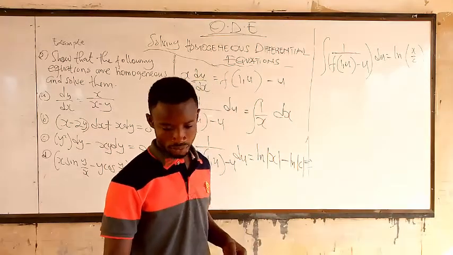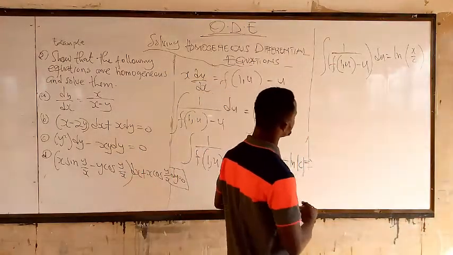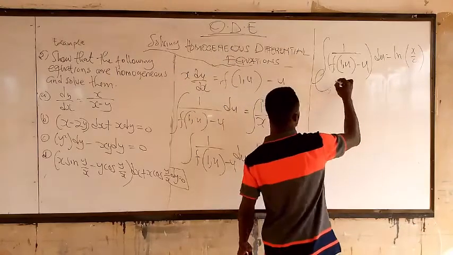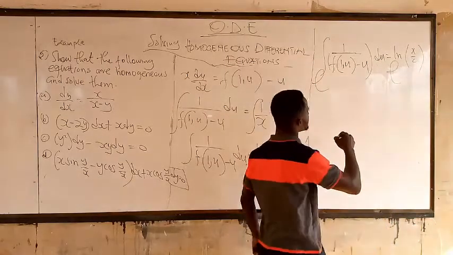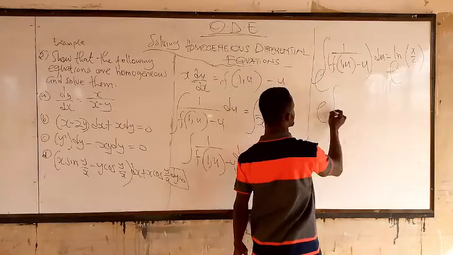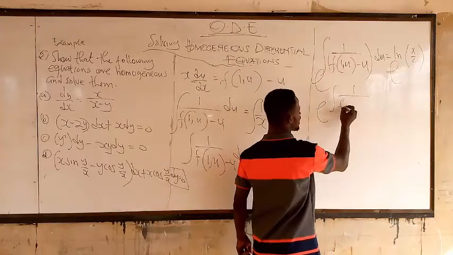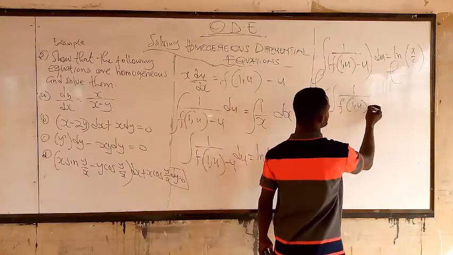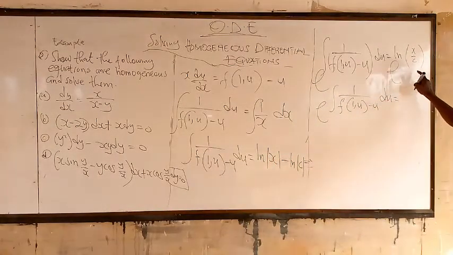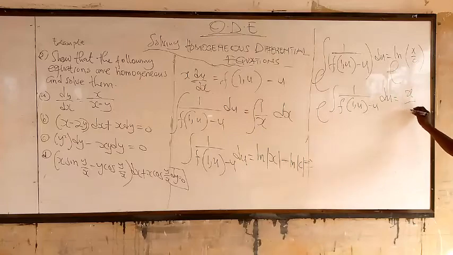Alright, so having this, we can take the exponential of both sides, and here we are going to get x over c.